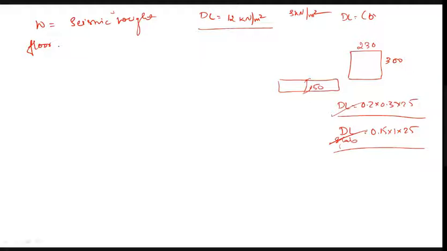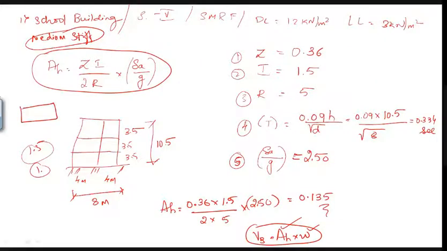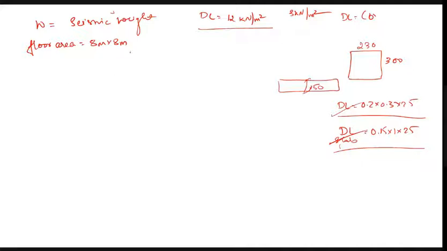Now, what is the floor area? It is 8 meter by 8 meter, correct. Here, if I draw the plan like this, it was 4 meter, 4 meter, 4 meter, 4 meter. So it was 8 by 8. The total area is 64 meters square.